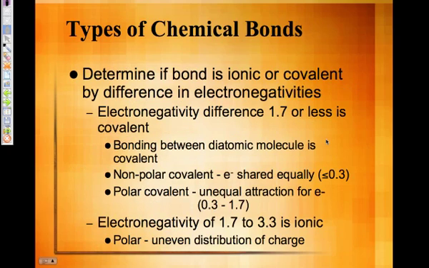To determine if a bond is ionic or covalent, we use electronegativities. I have an electronegativity chart for you.